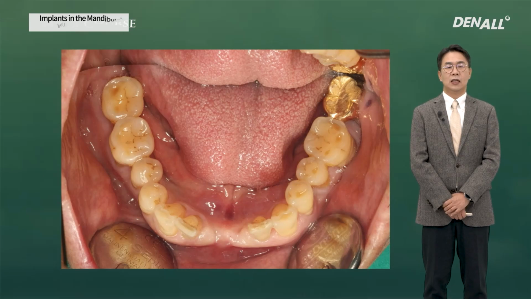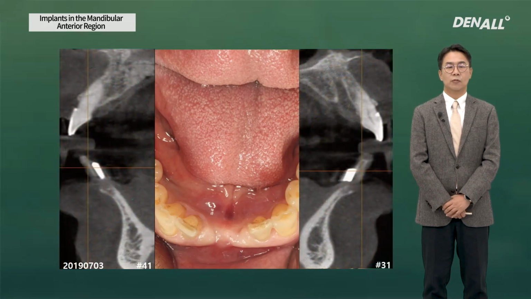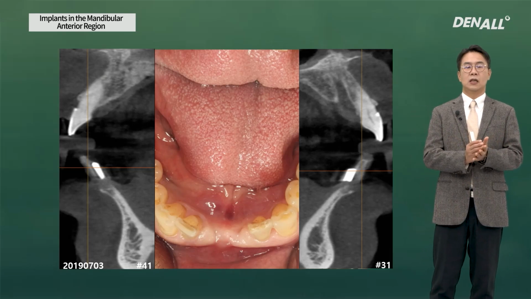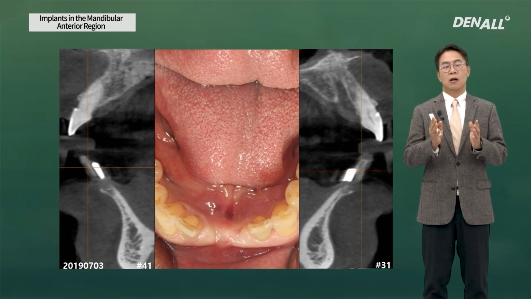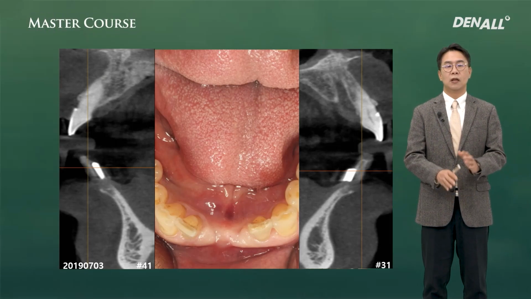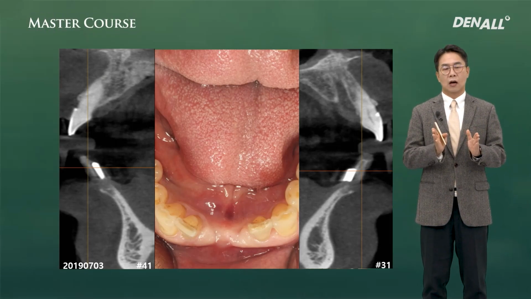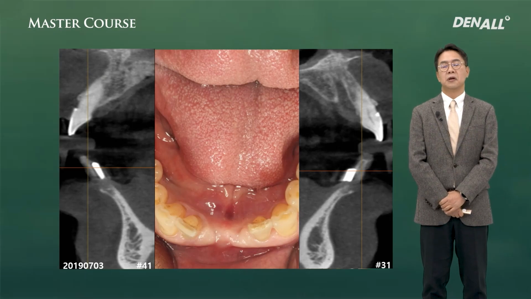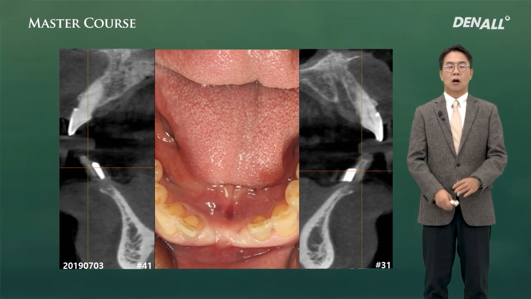But if you take a CT of the patient, it looks like this. The contour has very severe labial concavity. The base at the bottom is wide, however, the concavity is very severe and it's very narrow.